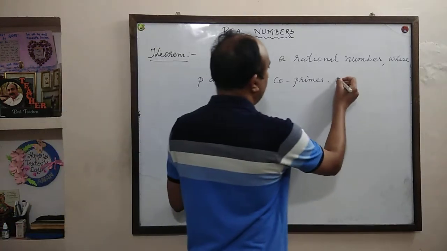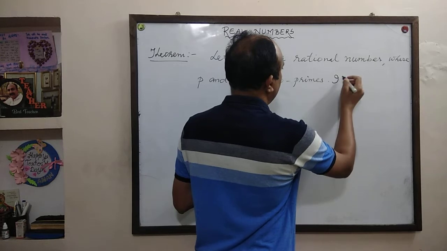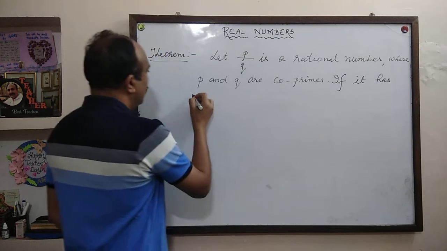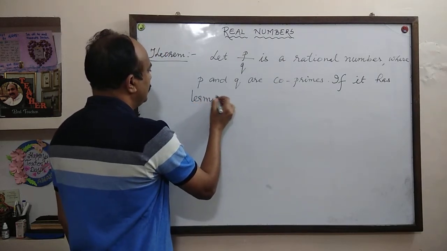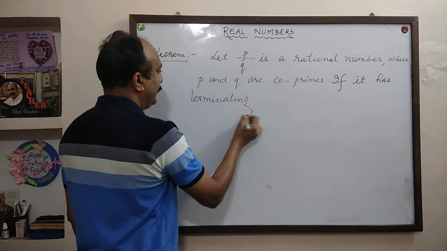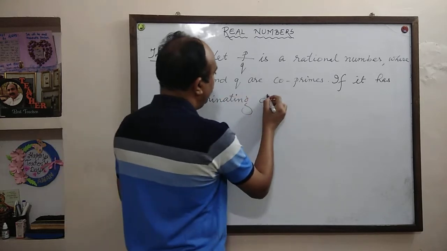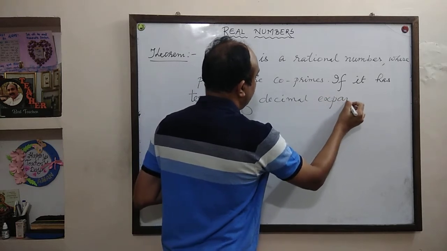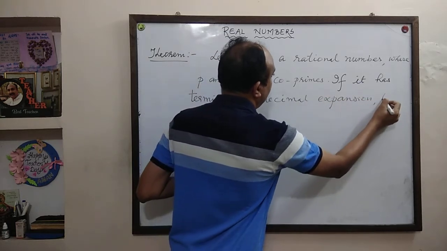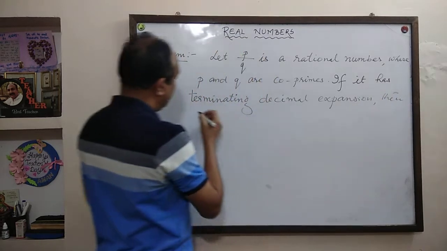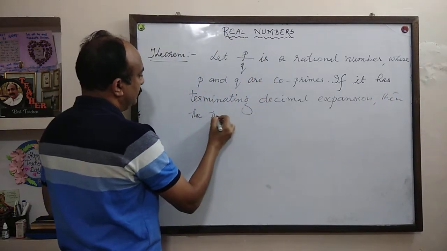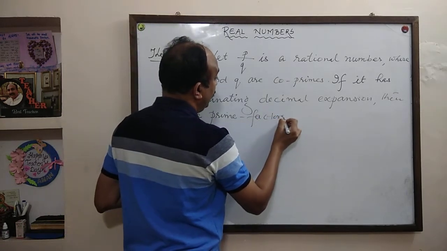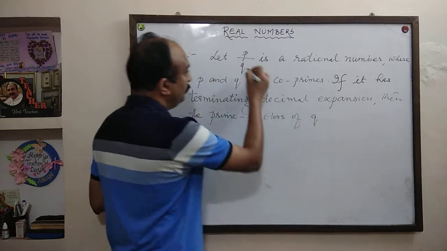If it has terminating decimal expansion, then the prime factors of Q, what is Q?